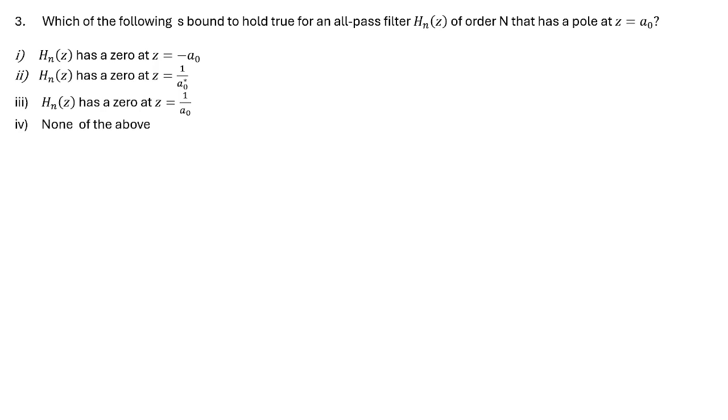You can always answer the objective question that way, but you won't have the basic understanding of what's exactly going on inside the all pass filter, or what the properties are which enforce this condition, that the poles and zeros should form an inverse complex conjugate pair.